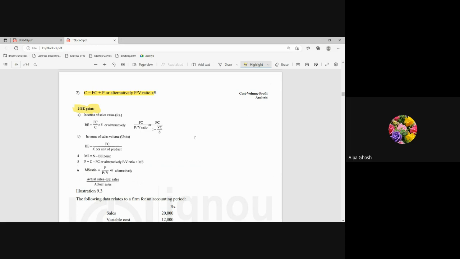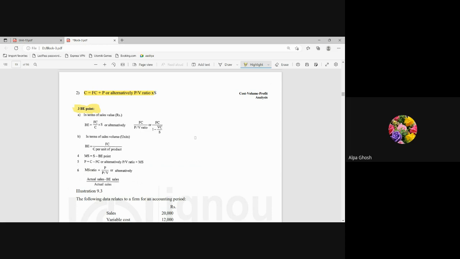So in terms of sales value, break-even is fixed cost divided by contribution multiplied by sales. Again, I am repeating, break-even equals fixed cost divided by contribution multiplied by sales.